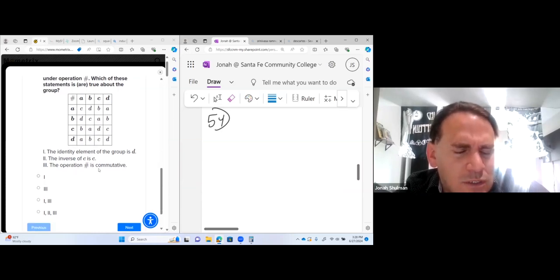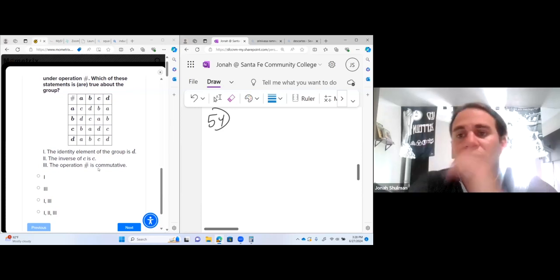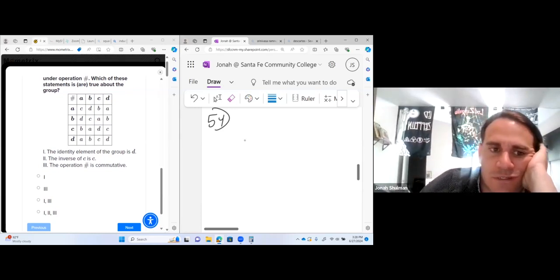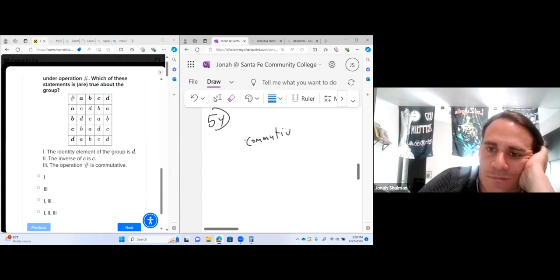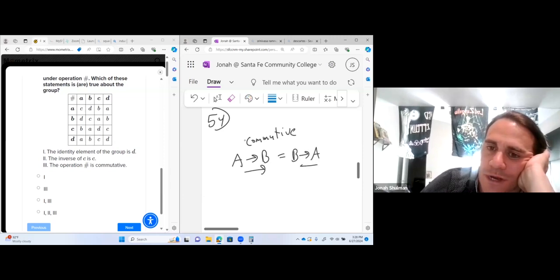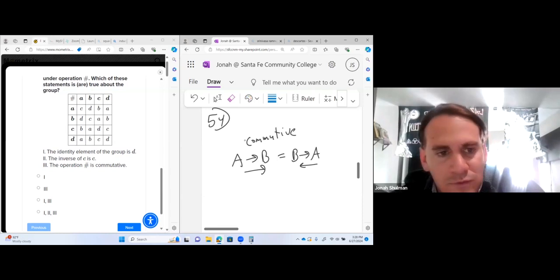The operation is commutative. So commutative basically means, I'll do one of these at a time. So commutative means A to B is equal to B to A. It means like if you go one way, you can go kind of backwards and it goes the same route.